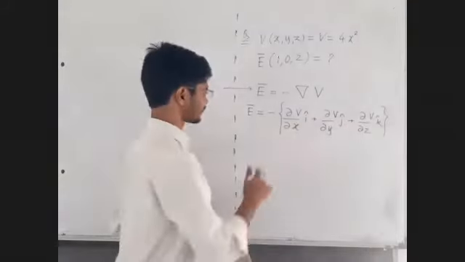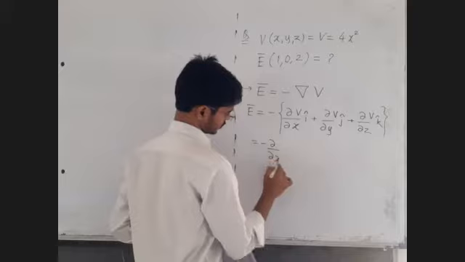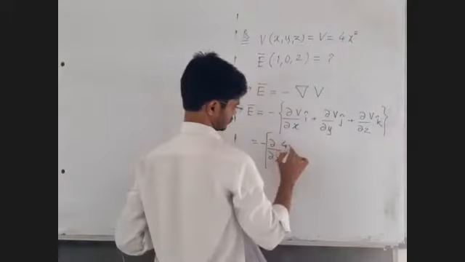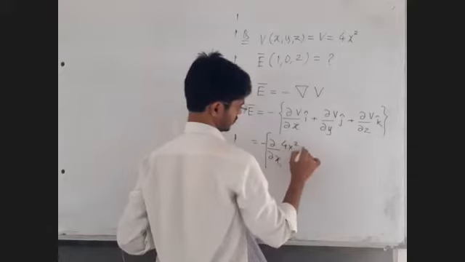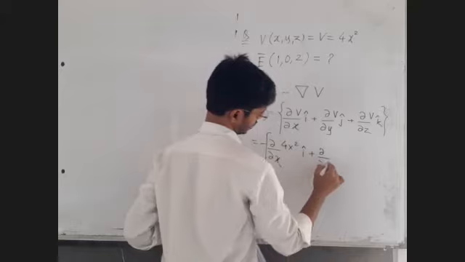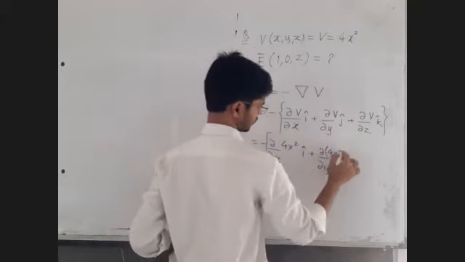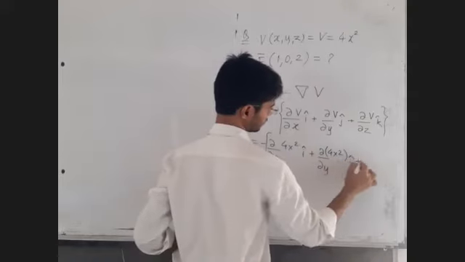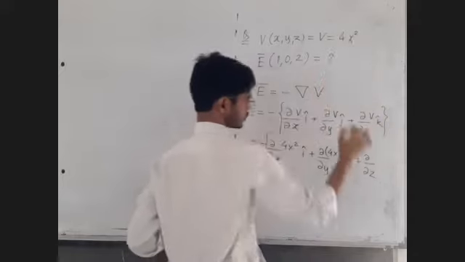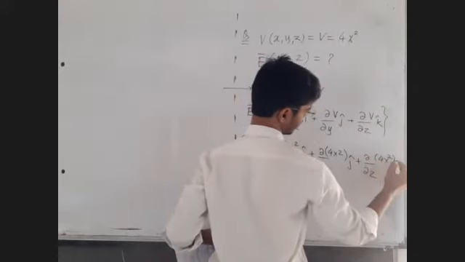See why. Minus dou by dou x of V, where V is 4x square, into i cap, plus dou by dou y of 4x square into j cap, plus dou by dou z of 4x square into k cap.